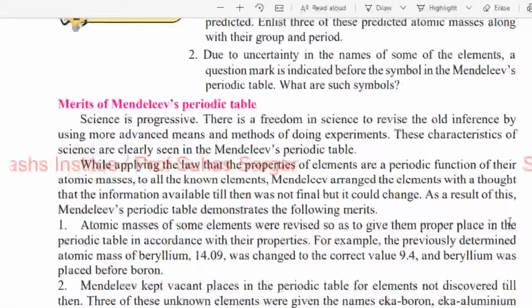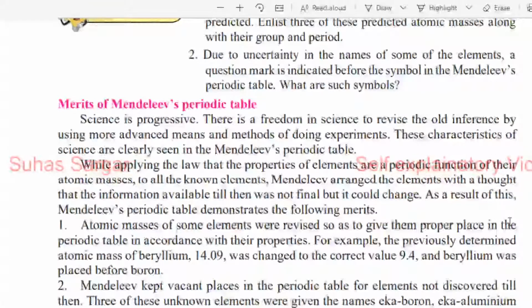The next topic is the merits of Mendeleev's periodic table. Science is progressive. There is a freedom in science to revise old inferences by using more advanced means and methods of doing experiments. These characteristics of science are clearly seen in Mendeleev's periodic table.